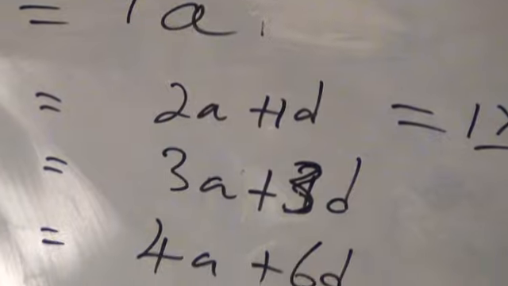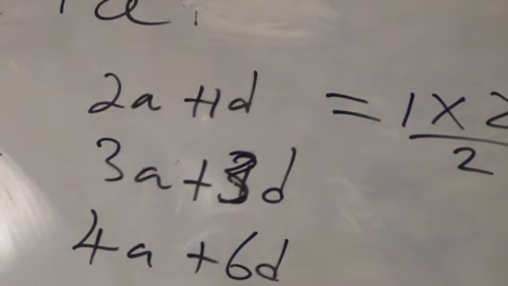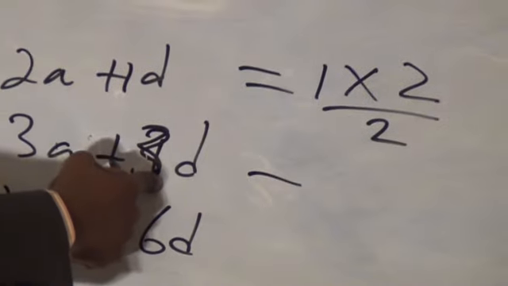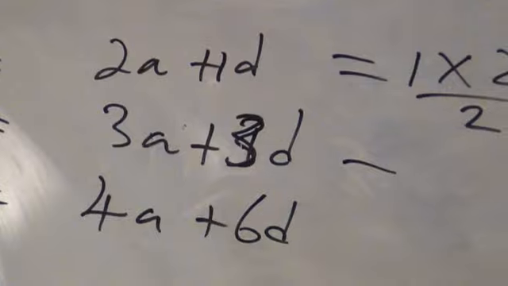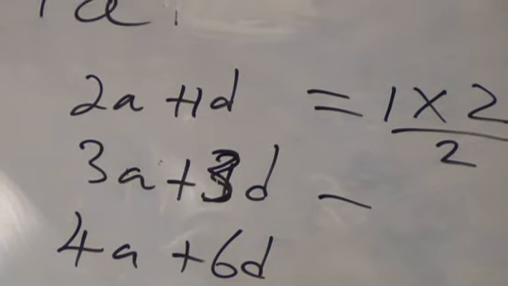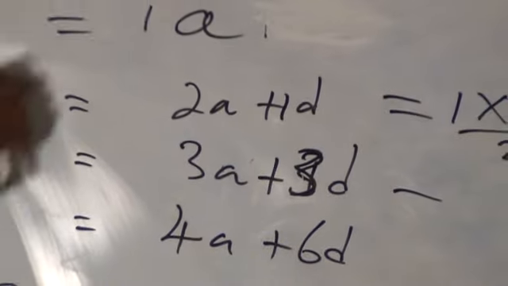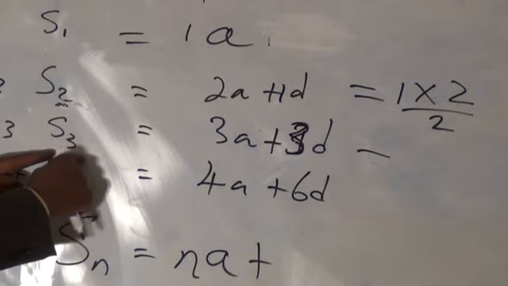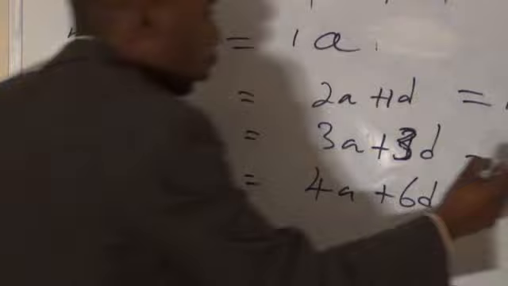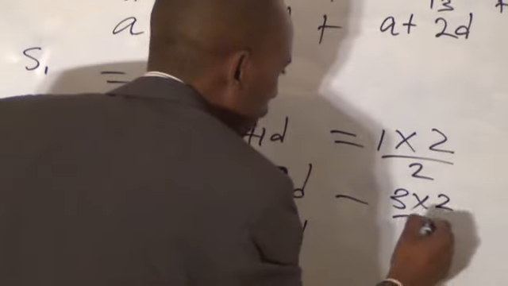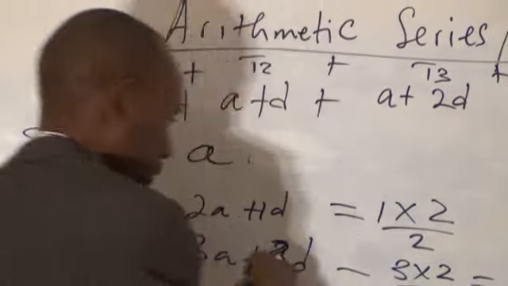Why are we confident to say that? Because we can actually see the pattern. Let's look here. We have got 3D. If you look at exactly the same thing, this is S3, if you look at the term before it, remember what we did here? We took the S2 and the term before. We do exactly the same. We take this term and the term before, so 3 times 2 divided by 2, we actually end up with 3, which is this 3D.